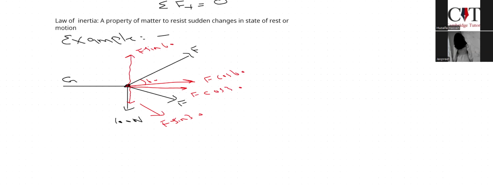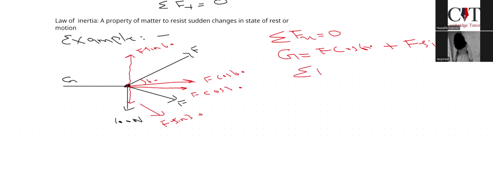Now I can write it as, in the x direction, summation of Fx should be equal to 0, because I said the object is in equilibrium. So the forces acting in the x direction: G should be equal to F cos 60 plus F sine 30, right? Yes, sir. And tell me about the y direction. Summation of Fy should be equal to 0. So what should I write here?